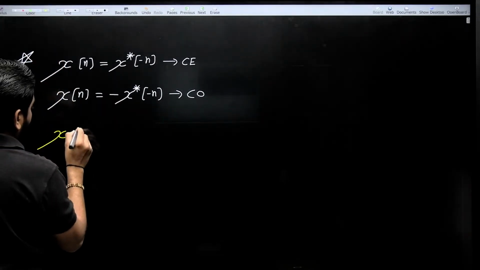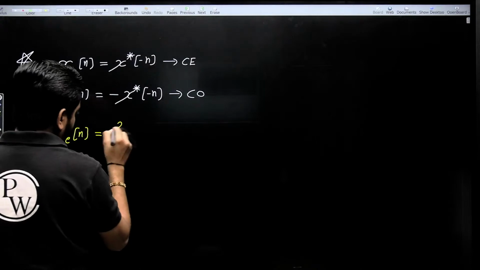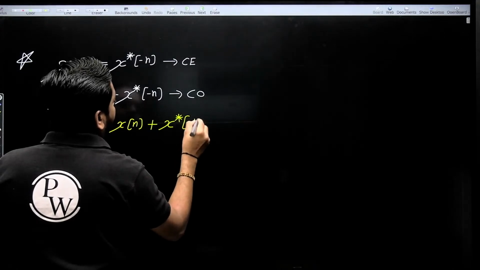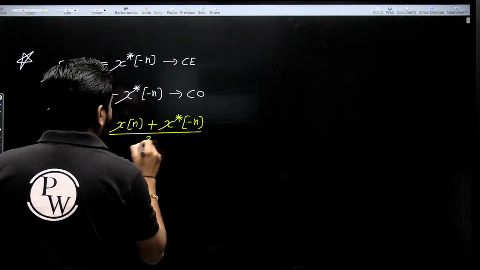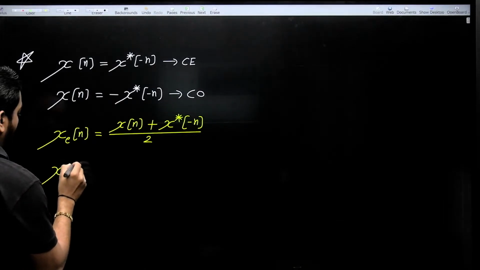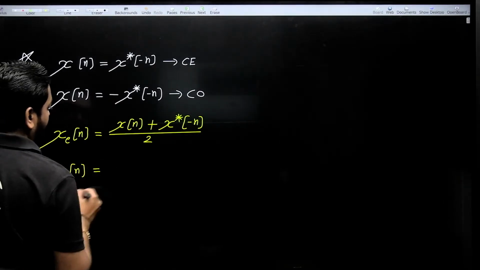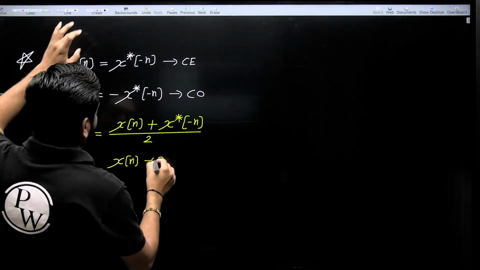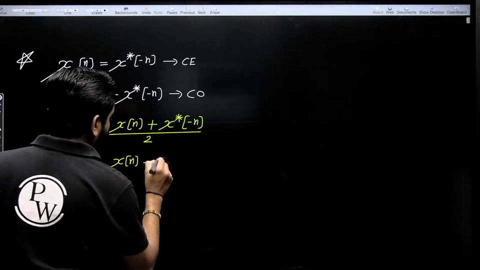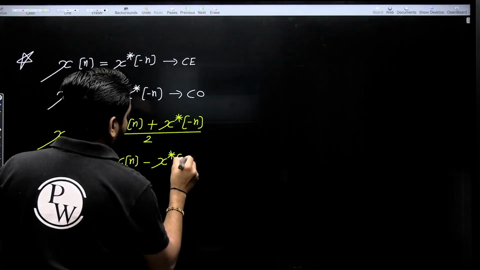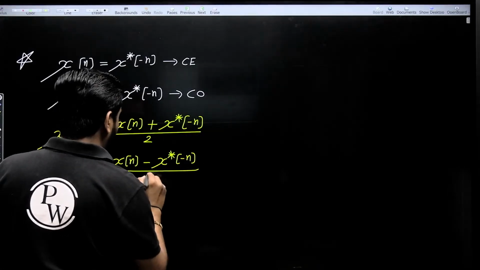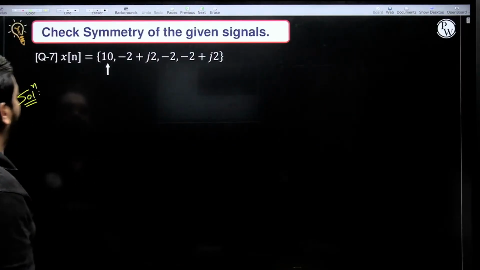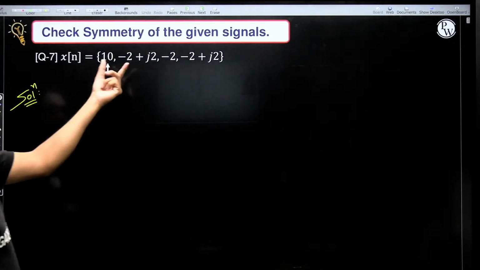Now how to find its conjugate even part? It is given by x of n plus x conjugate of minus n divided by 2, and its odd part is given by x of n minus x conjugate of minus n whole divided by 2. Now see, here is a complex valued signal, minus 2 plus j2.